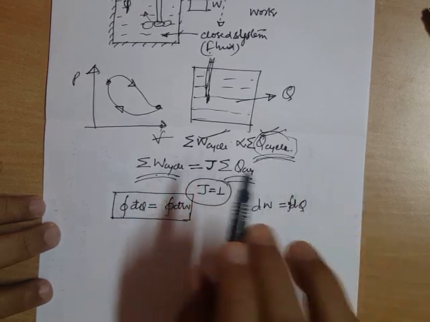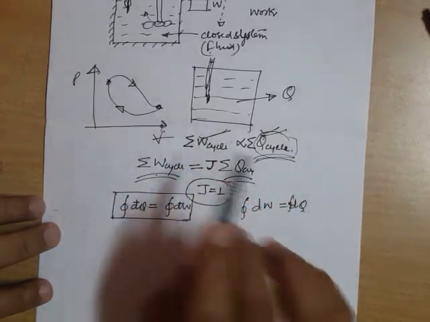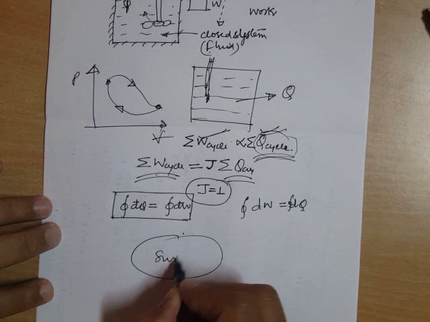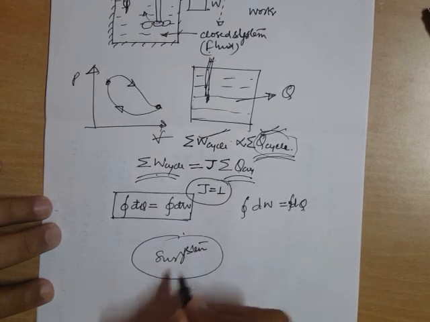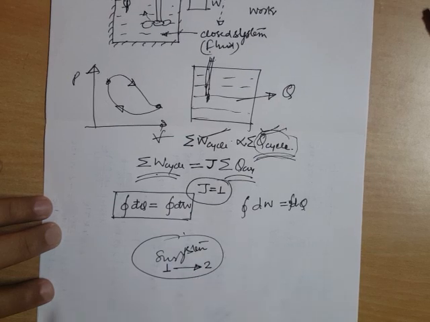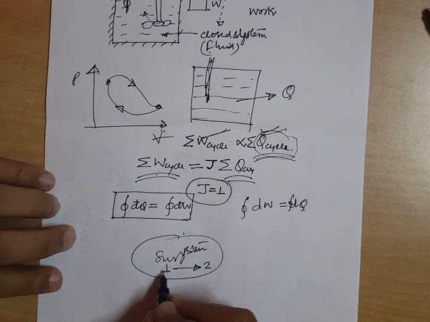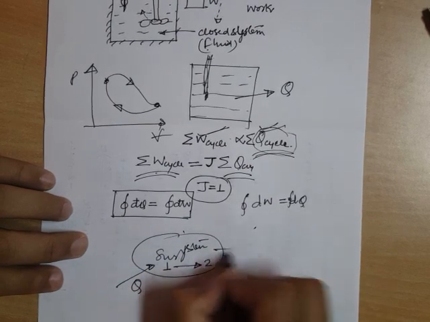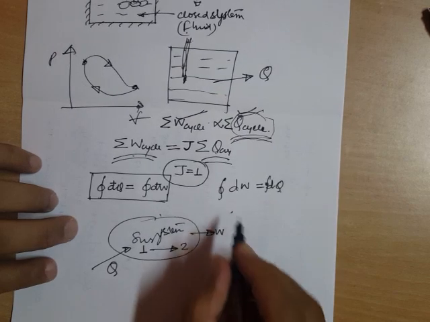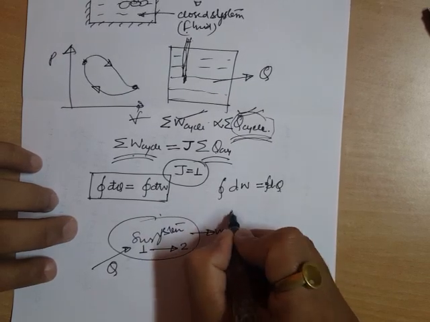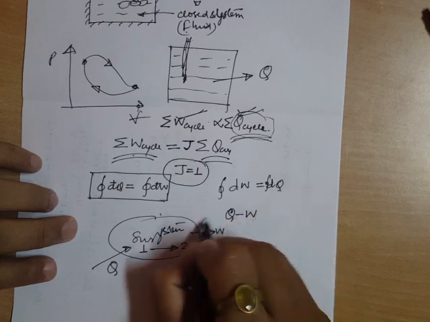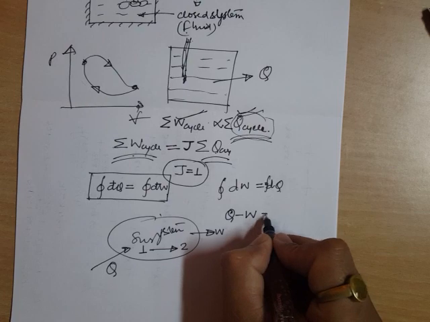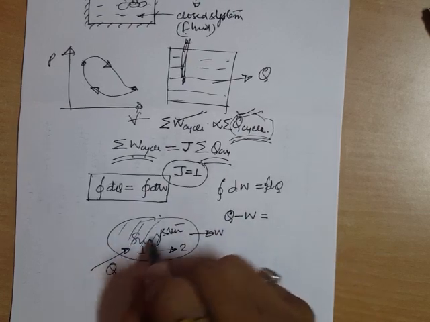Now what will happen if, instead of a cycle, I am talking of a process? That is, a system is performing a process, moving from state 1 to state 2. Let us say I give this system some amount of heat, and in turn this system develops some amount of work. Then when I subtract this work from heat, I will observe that there is something which this system stores.